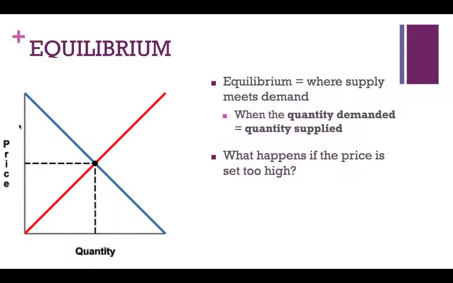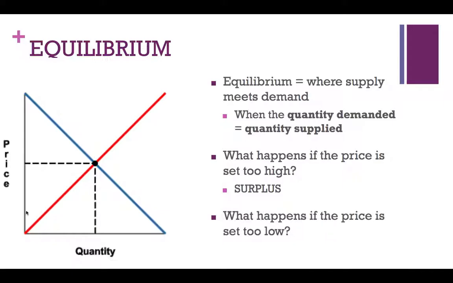A high price would mean that the quantity demanded at this blue line would be a lower number than the quantity supplied at the red line. So if more is supplied than is demanded, we have more on the shelves than people want, and we're going to see a surplus.